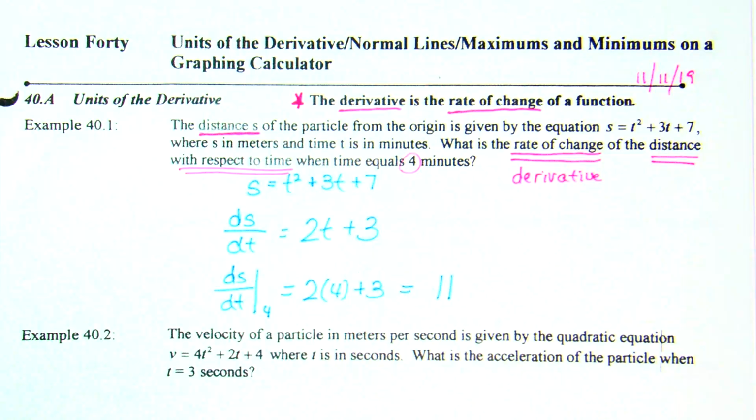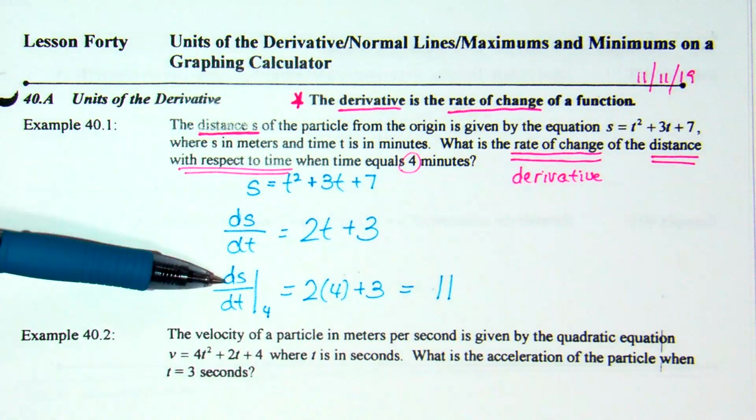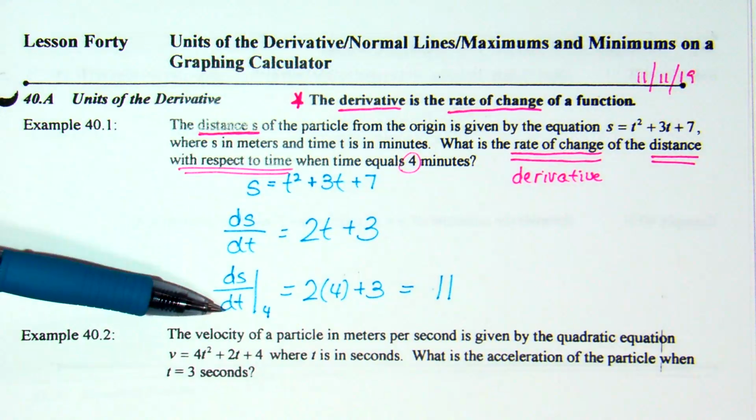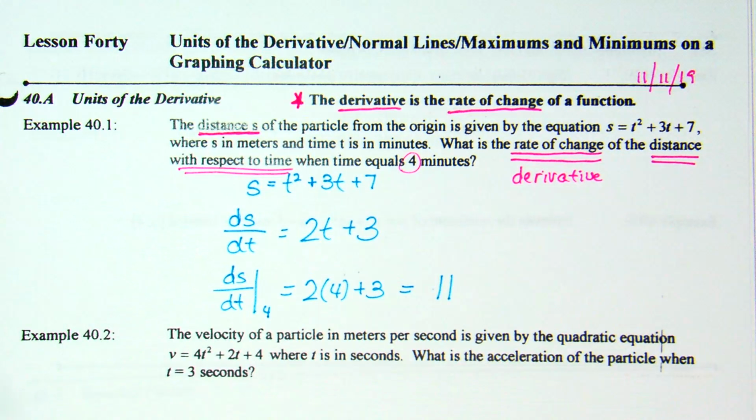What's my label here? It was a change in distance with respect to time. Distance over time. What are my distance and time labels? Meters and minutes.